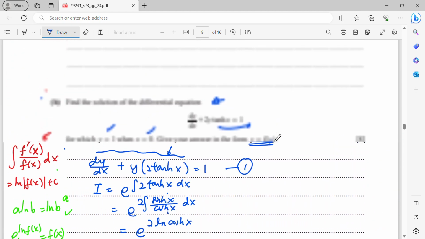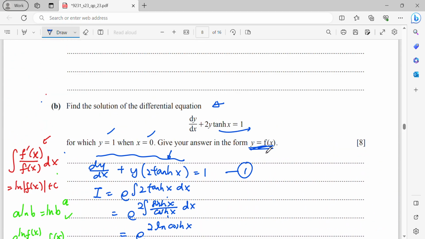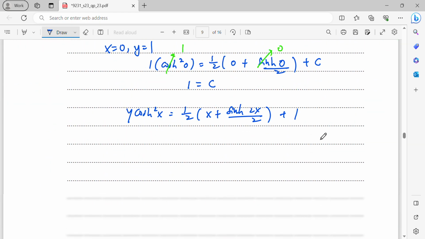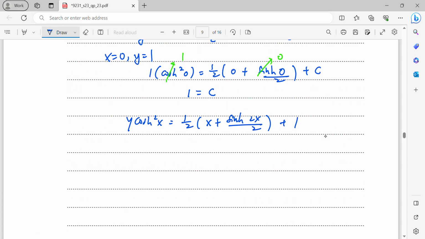When you look at the answer, you must leave it in y equals f(x) form, which means we need to move down the cosh squared x. So now 1 over 2 cosh squared x, x plus, okay, I shouldn't write it like that.